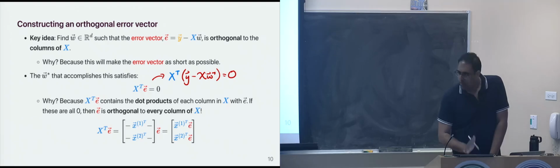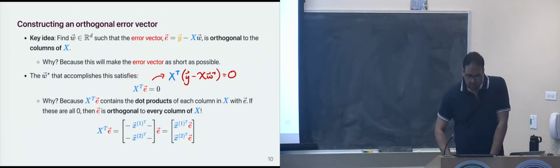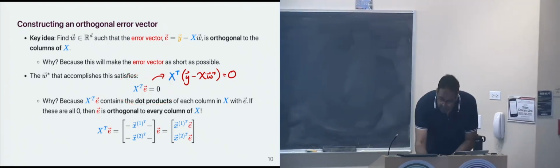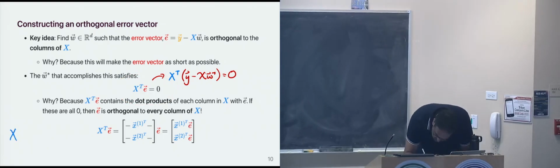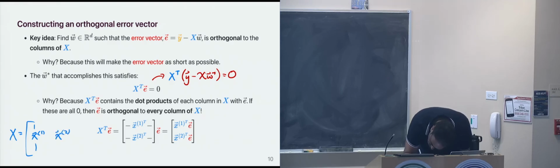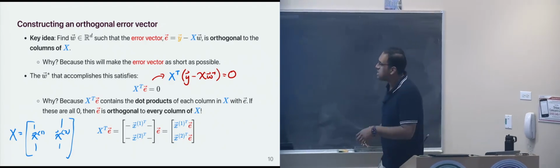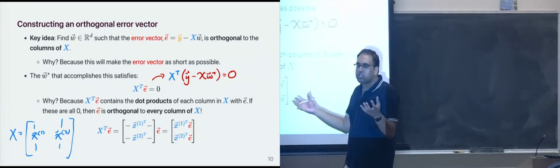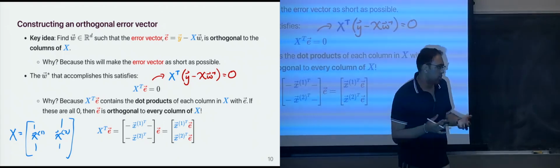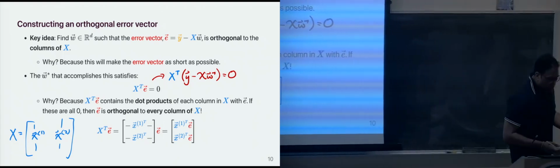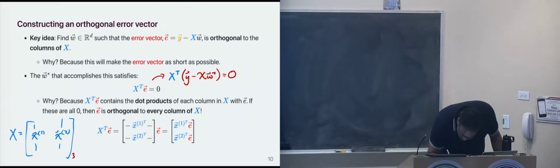Why do we care about this particular property? Well, remember, the X matrix, I constructed it by taking my two vectors, x1 and x2, whose span we were trying to project onto, and I put those two vectors next to each other in one matrix, which in this case had 3 rows and 2 columns.